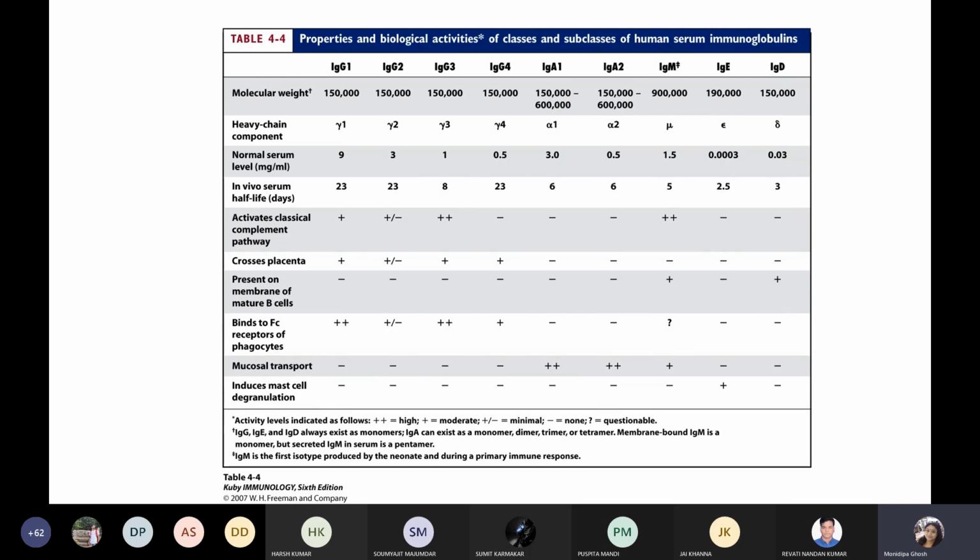And the only variety of antibody which can cross the placental barrier and reach the fetus is immunoglobulin G. You can just have an idea of how important it is. For the whole period, almost 9-10 months, the baby is protected only through immunoglobulin G, which is produced in the mother and supplied to the baby.